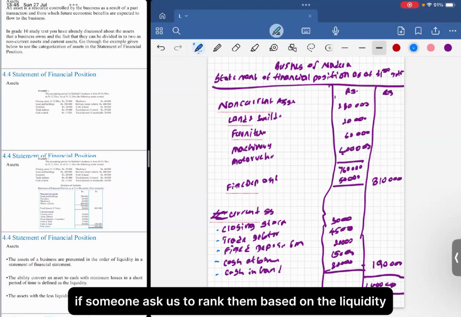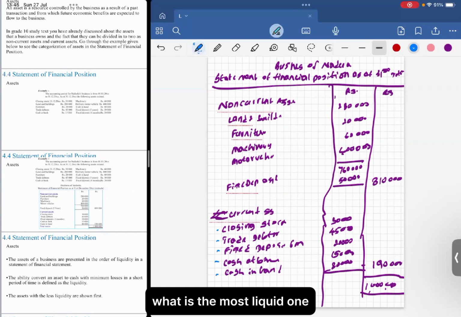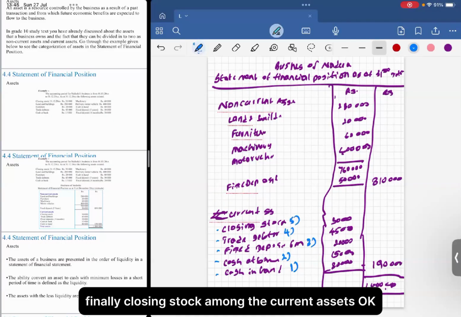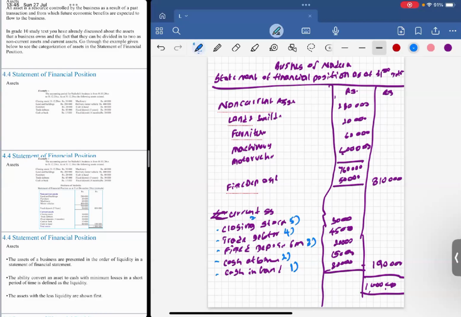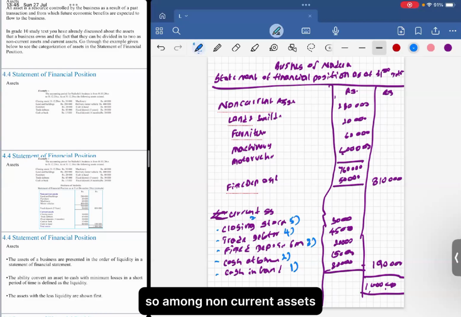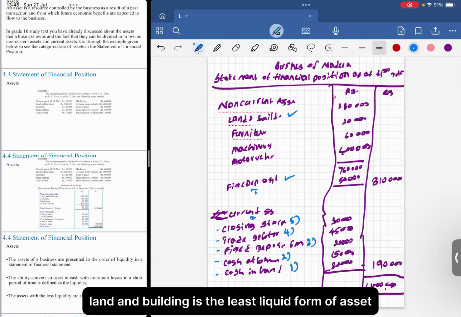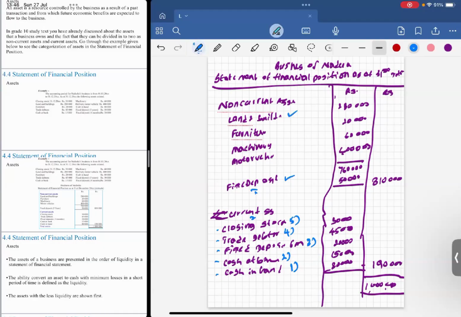If someone asks us to rank them by liquidity, the most liquid is this one, then this, then this, then this, and finally closing stock among the current assets. Among non-current assets, a 5-year fixed deposit is more liquid than land and building, which is the least liquid form of asset.